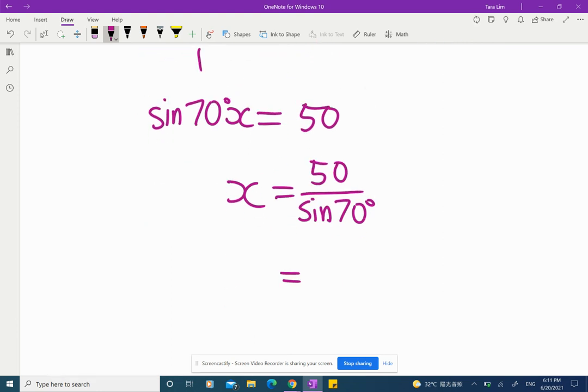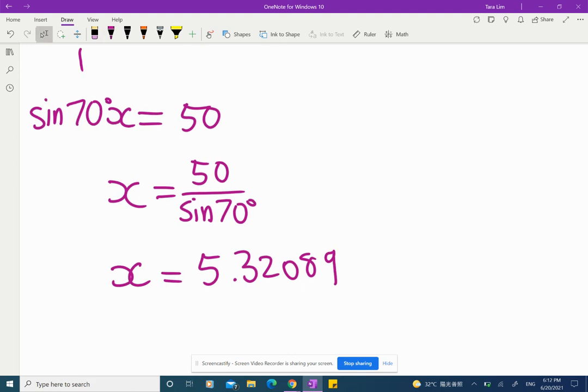So we do that on the calculator. 50 divided by sine 70, which is, x is equal to 53.2089. And we can just simplify that to three significant figures. So 53.2 is our answer.